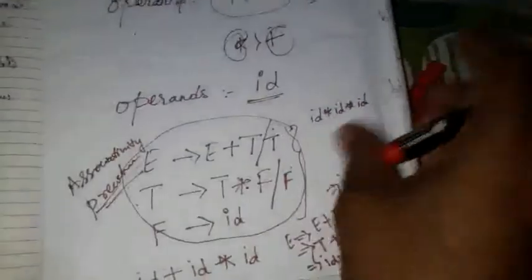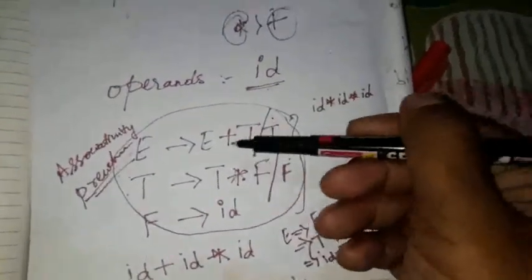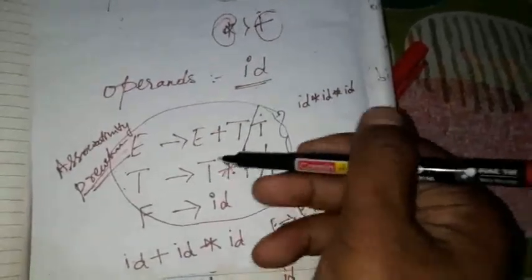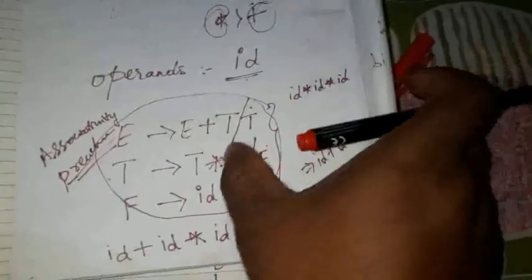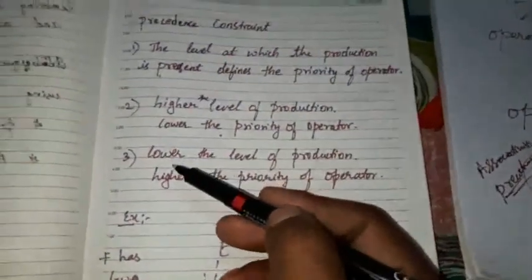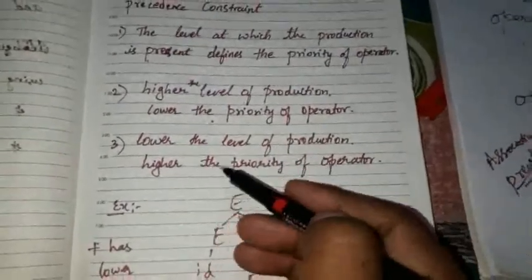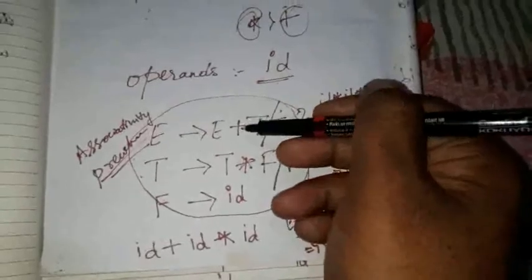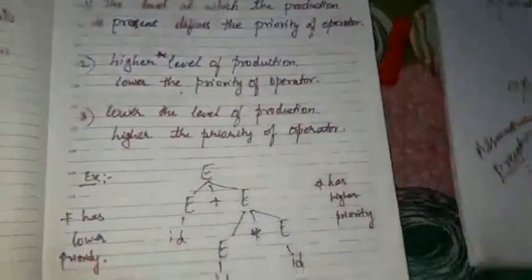See, in these three productions, you have plus in the very first step, so that indicates plus has low precedence. The lower the level of the production, the higher the priority of the operator. So you have the operator in the second production, which means star has more precedence compared to plus. That is the meaning of it.